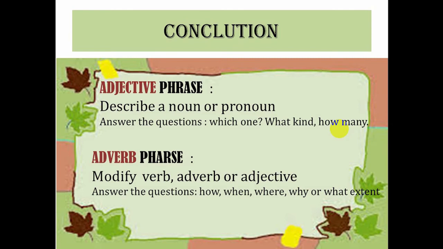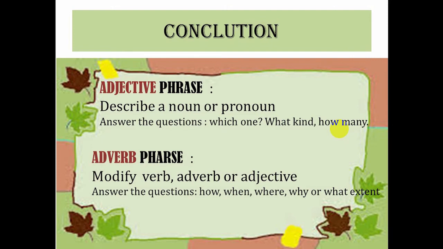Tapi sebaliknya, adverb phrase. Adverb phrase modifies a verb, adverb, or adjective. Maksudnya, modify a verb menjelaskan kata kerja, adverb kata keterangan, atau adjektif. Contohnya misalnya menjelaskan kata kerja seperti tadi. The man speaks in a loud voice. In a loud voice-nya itu menjelaskan speaks. Speaks kan kata kerja.